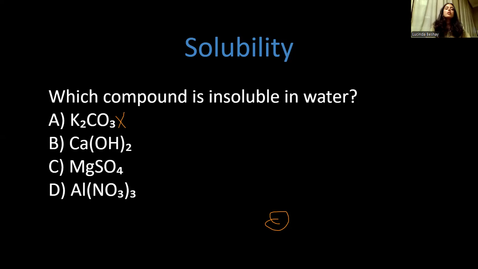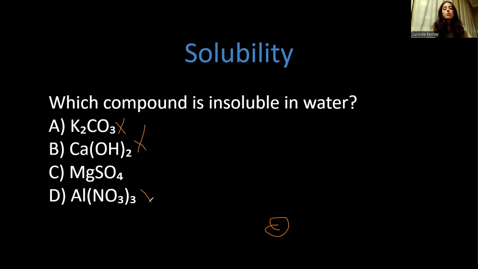Okay, magnesium sulfate and aluminum nitrate. Aluminum nitrate, of course not, because again, anytime nitrate exists, it's like a magic weapon. Anytime nitrate exists, it makes whatever is attached to dissolve. Okay. So the only option that I have is magnesium sulfate.